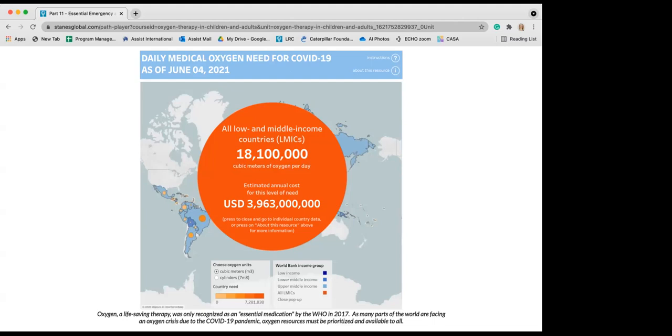Okay. For this slide, we have daily medical oxygen need. This is epidemiological data regarding the need for oxygen due to the COVID-19 pandemic. These data were produced in June 2021, and they show how much oxygen is needed in low and limited income countries.